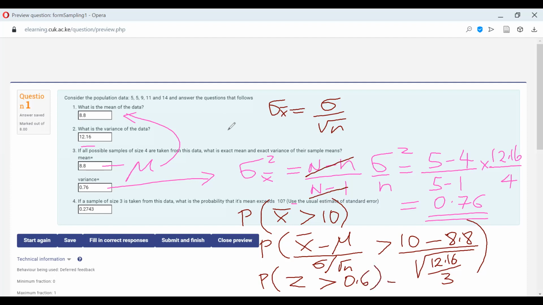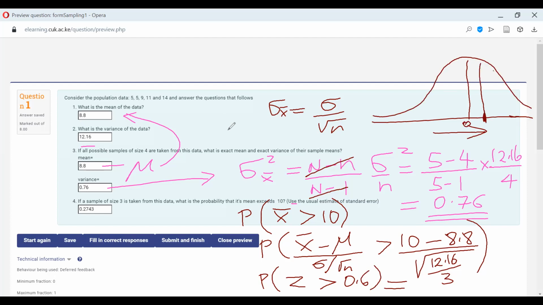So when we go now to statistical tables, we realize that, as I have told you previously, when you are reading the tables, it's how you do it. These are the Z values. This central point is always 0. So we want to know where is 0.6. 0.6 is somewhere here ahead. So we are looking for this area on this end.